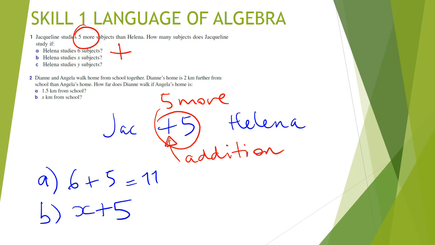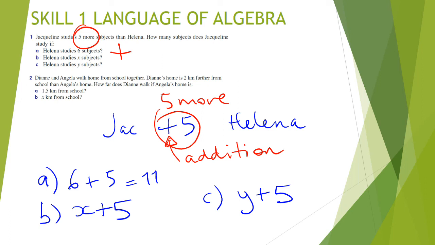And that's our final answer. And for C, if Helena studies Y subjects, then Jacqueline must study Y plus 5. Because she's always going to be 5 more no matter what. If Helena studies 100 subjects, Jacqueline will study 105. It'll always be 5 more.